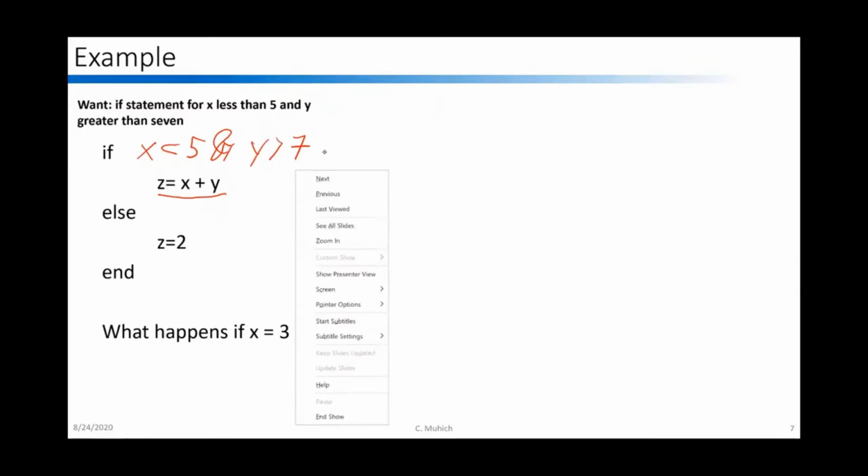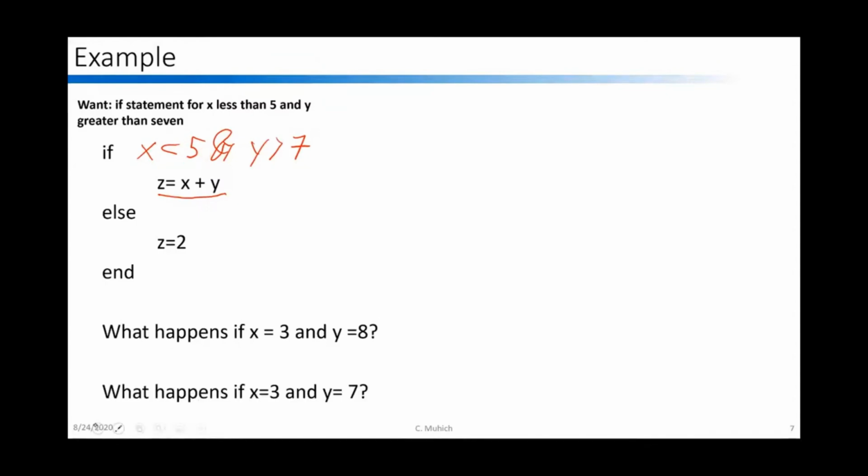Well, it's 8, so yes, y is bigger than 7. Then it looks to see, are both of these conditions true? They're both yes. So z is going to be equal to 11. In that case, z equals 11.